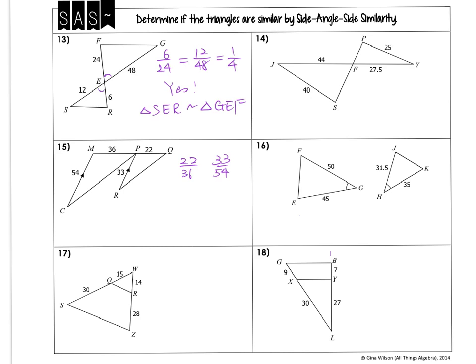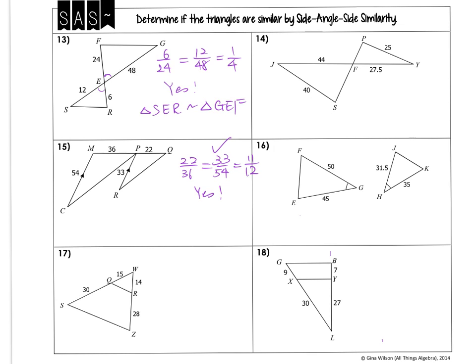And if you simplify it, you would have 11 over 12. So yes, this is similar. But I need either another side to be proportional or an angle. Because parallel lines are given, it's easier to look for congruent angles.